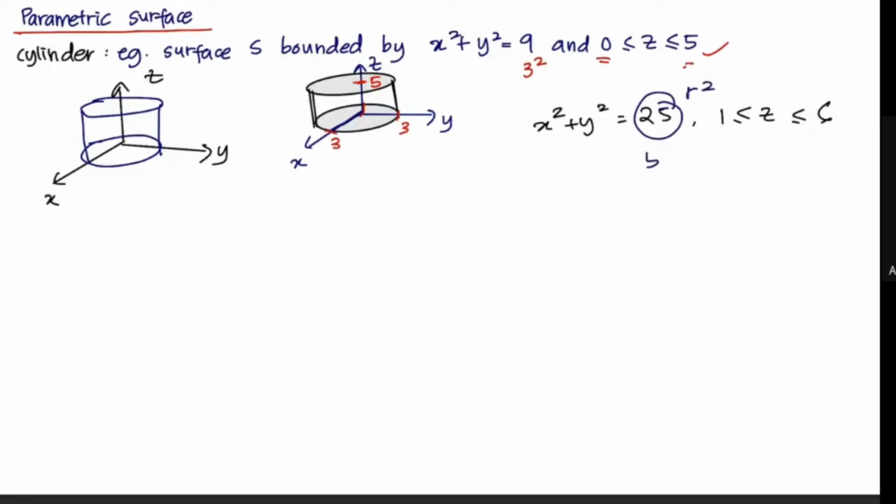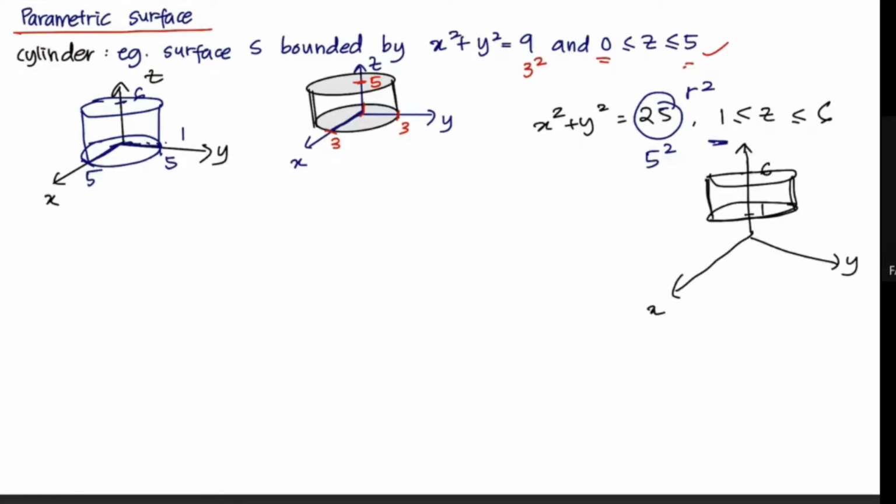Okay, 5 square, so the radius is 5. z equal to 1 here, 1 to 6. Okay, this is 0. x, y. So the cylinder starts here.